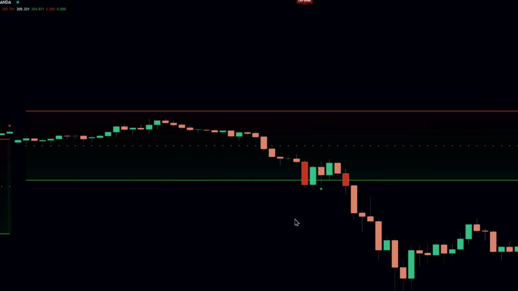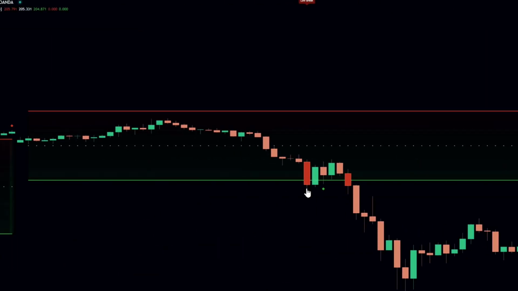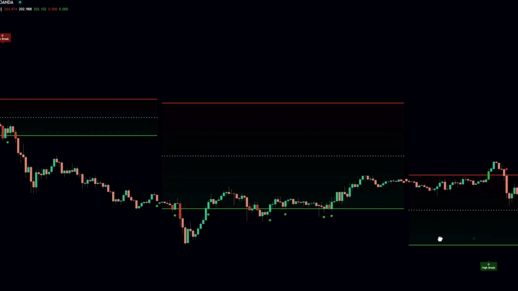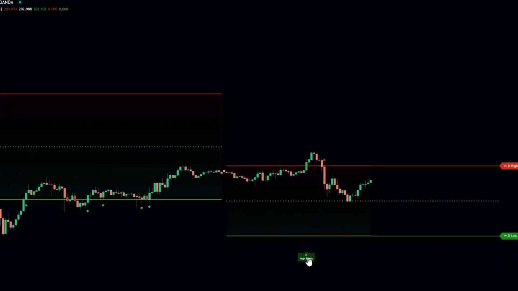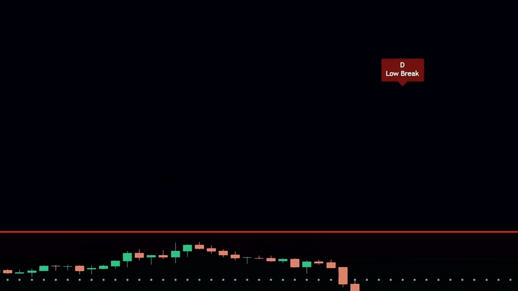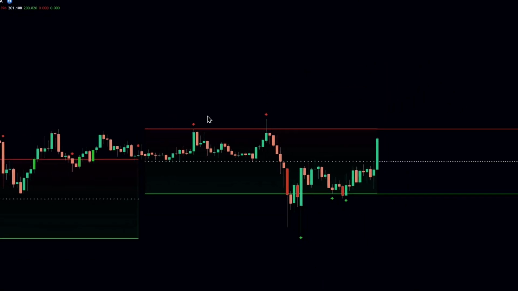On the flip side, if the candle breaks and closes below the lower level, it will turn red to show a downside breakout. You'll also notice labels popping up: high break for breakouts above and low break for breakouts below. These red and green squares mark support and resistance levels. They appear when the current time frame's high or low interacts with the higher time frame levels.